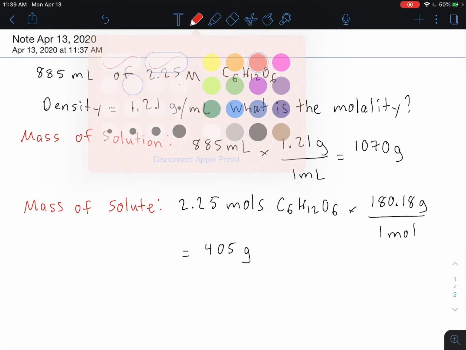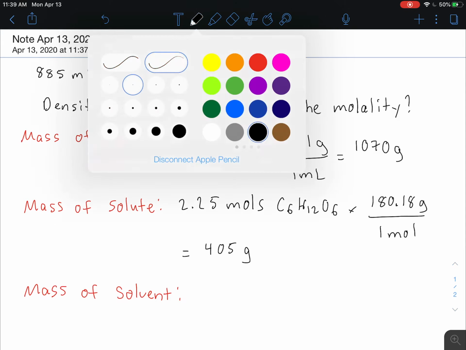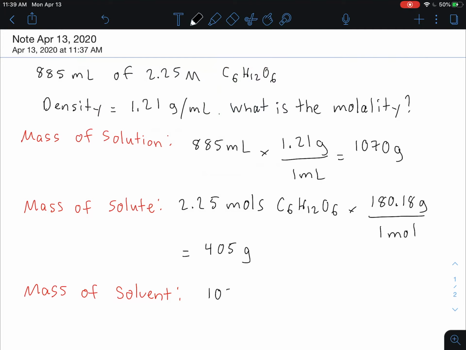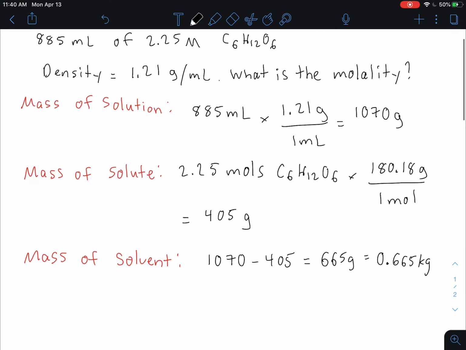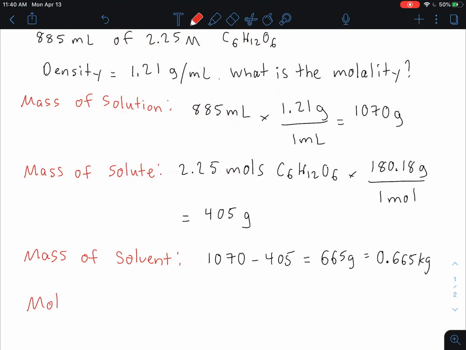So now I have the information I need to get the mass of the solvent. So that's just going to be 1070 minus 405, and that's 665 grams, which is 0.665 kilograms.